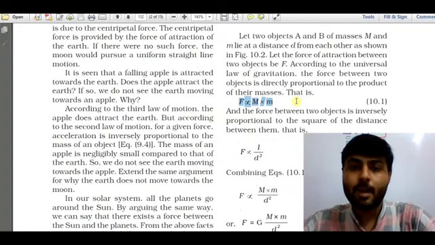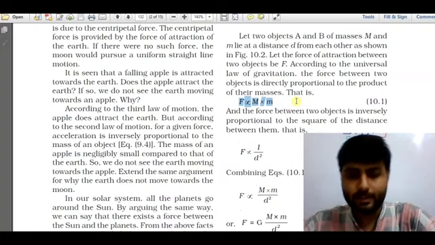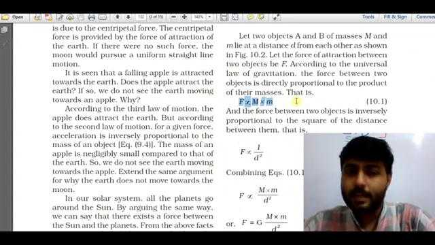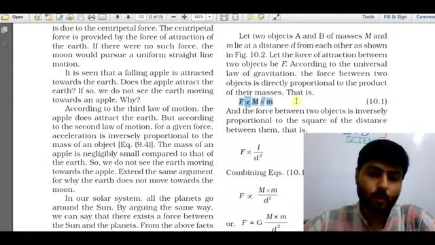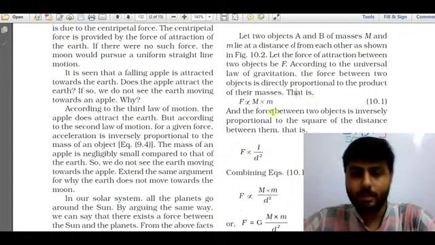That is nothing but the masses of these objects A and B. So the force acting on these two objects, F, is proportional to M multiplied by m. We give it equation number 1.